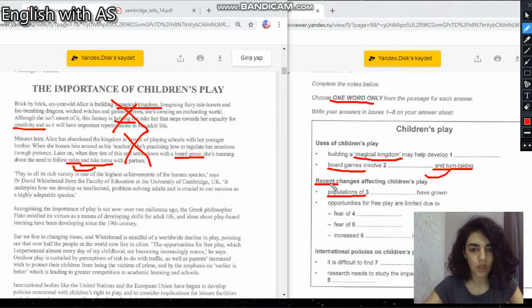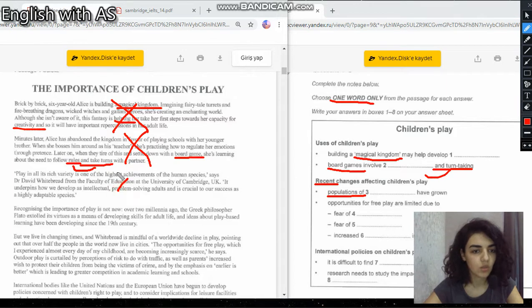Now I am looking for recent change, population of something. So I'm looking for a noun of the people. As we said before, we don't need to pay attention to the first two paragraphs. I'm just reading the third paragraph. But here it's talking about achievements of playing games, blah blah blah.